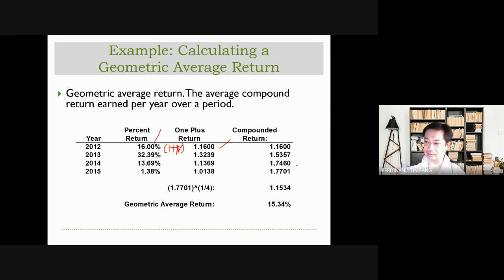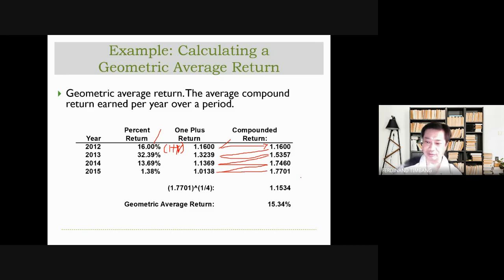So to obtain this, ilalagay lang natin doon. And then 1.16 times 1.3239, makukuha mo yun. And then 1.5357 multiplied by that, makukuha mo to. And then 1.76460 multiplied by that one, makukuha mo yun. So you will get 1.7701.